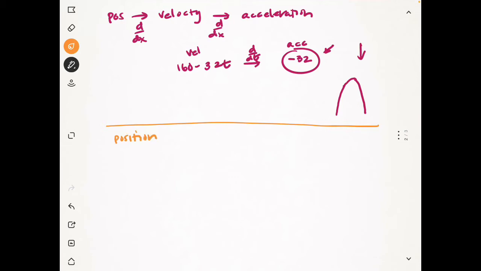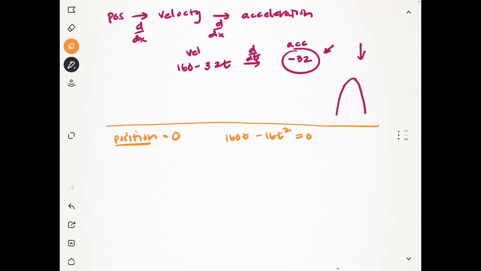So position equals 0. We're trying to find when it's equal to 0. And because we're using position, we're starting with the original function, which was 160t minus 16t squared. We're going to see when is that equal to 0.